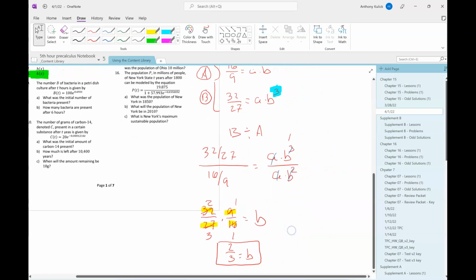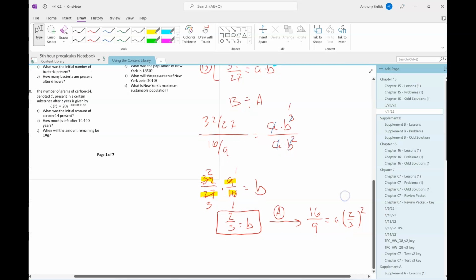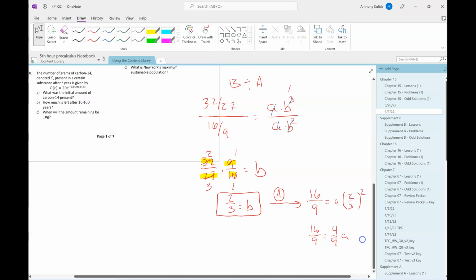From that, I can plug that into one of our 2 equations. I'm going to use equation A, and now I'm just going to solve for A. So 2/3 squared becomes 4/9. Then I'll multiply both sides by 9/4 to get the A by itself.